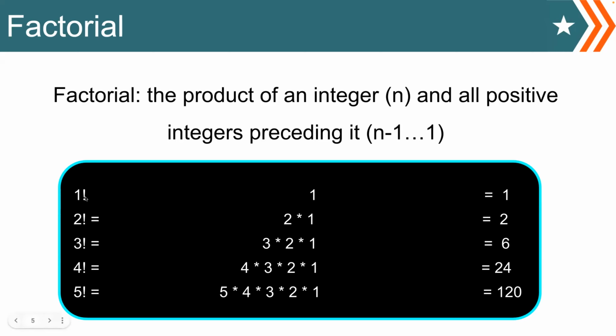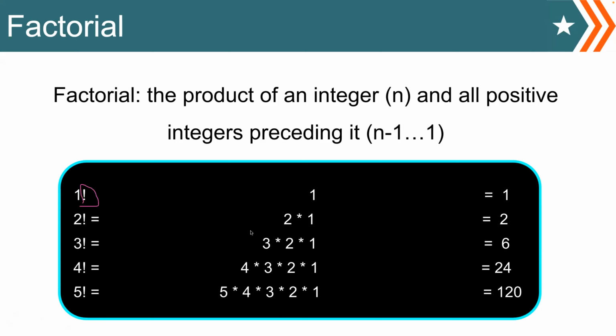The exclamation point we call factorial. So this is 1 factorial, 2 factorial, 3 factorial.